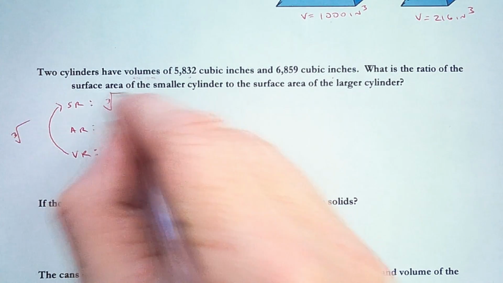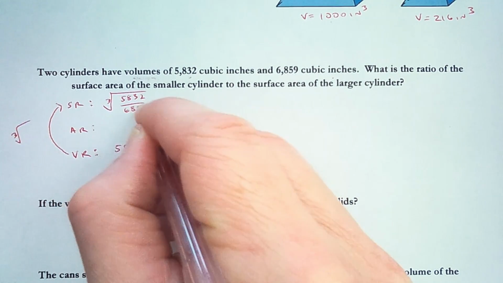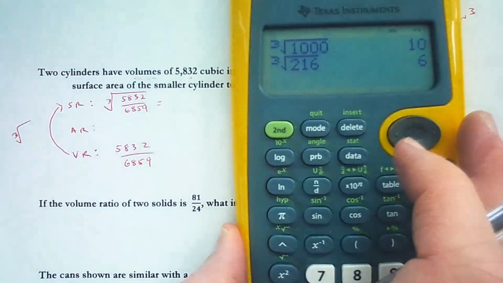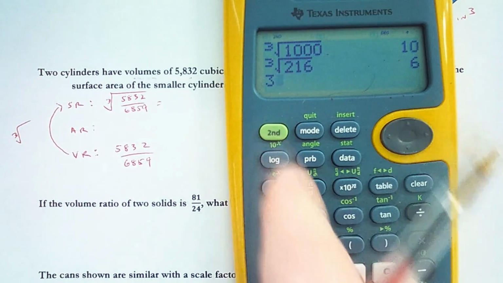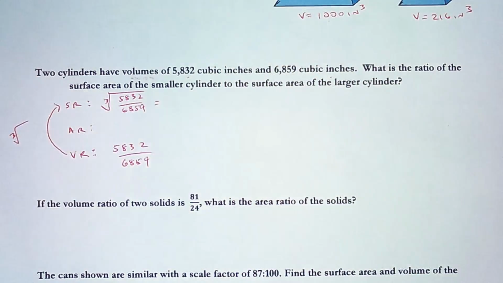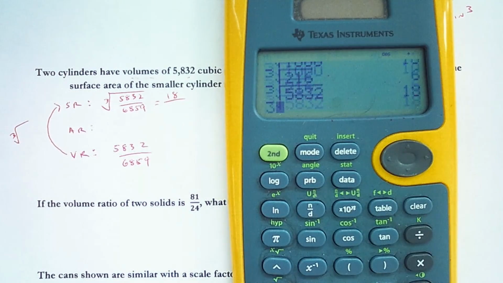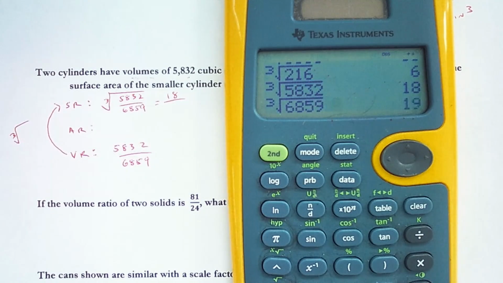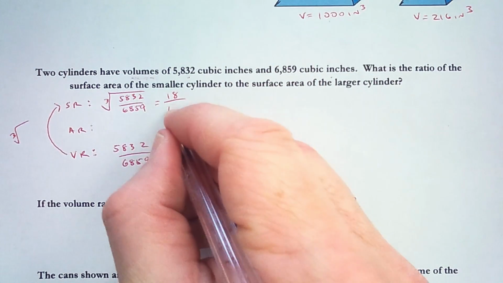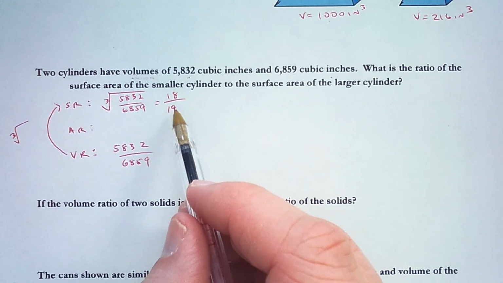So we've got the cubed root of 5,832 over 6,859. The cubed root of 5,832 is 18, and for 6,859, we have 19. So the similarity ratio, or the scale factor, is 18 over 19.